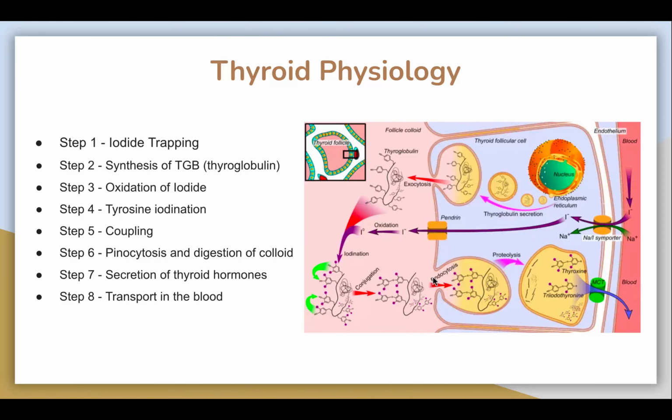Through a process of pinocytosis, which is a type of endocytosis, you will have vesicles that contain either T3 or T4 thyroid hormones.